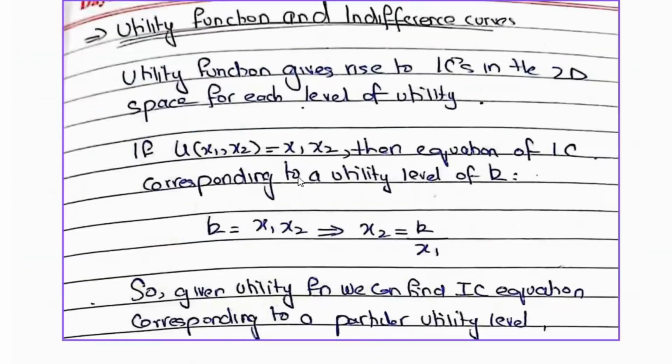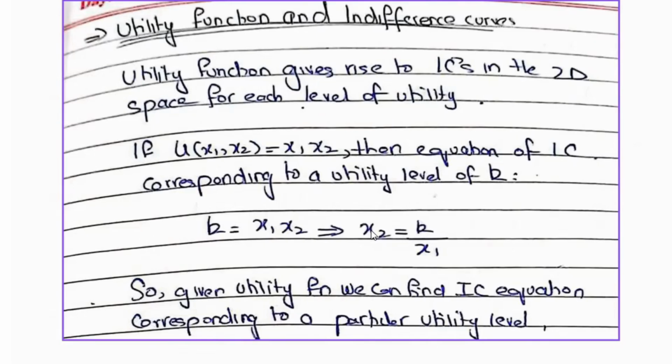So for instance, if we take the utility function U(x1, x2) = x1 x2, say I want to look at the indifference curve which corresponds to a utility level of k. I'll fix the utility U(x1, x2) = k, and then from here we can solve for x2 as a function of x1, because when we're plotting the indifference curve, on the vertical axis we're taking x2 and on the horizontal axis we're taking x1.